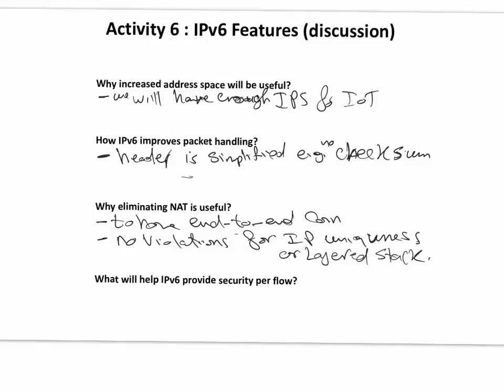For example, a web page may have video, audio, text, and so on. All of them are sent from the same client to the same server, or from the same server to the same client. I can give each one of these components a different flow label. This will help the router identify the flow, not only the application, but the flow.